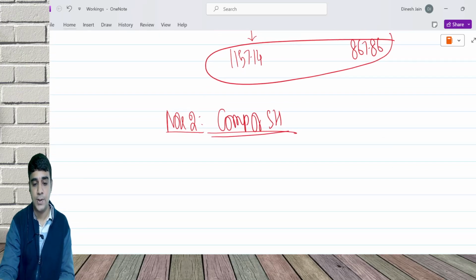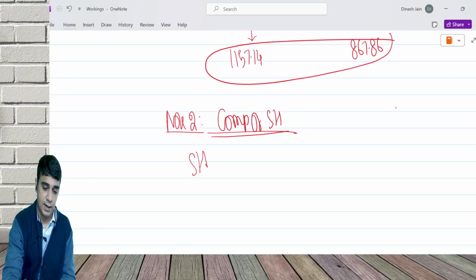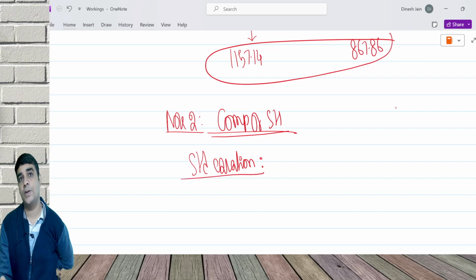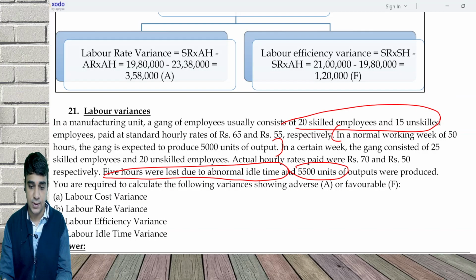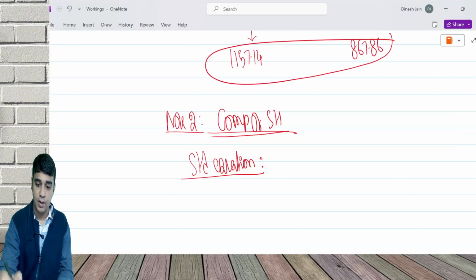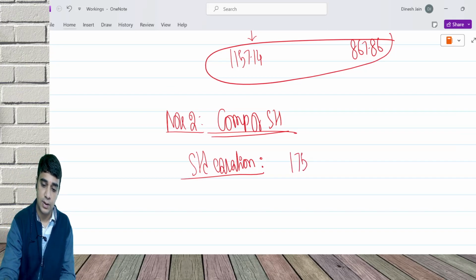Note 2, computation of SH. Standard equation. How many units is equal to how many hours? We have already discussed this. 1000 hours is equal to 5000 units.